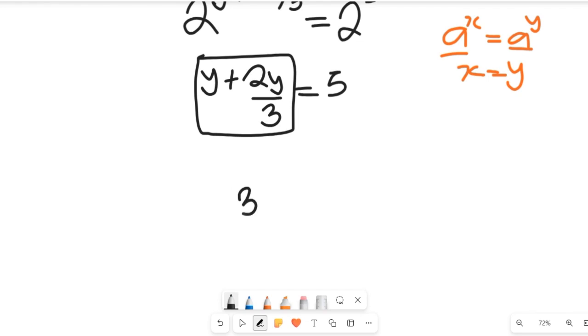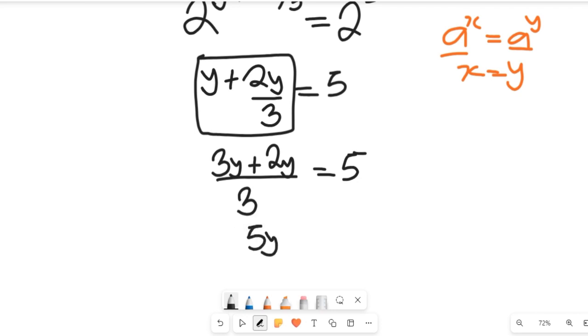So we'll have 3 divided by 3 divided by 1 will be 3, and this will be 3y, plus 3 divided by 3 will give you 1, and 1 times 2y will give you 2y. And this will be equal to 5. Let's come to the lowest term. So this will be equal to 5y divided by 3 equal to 5.